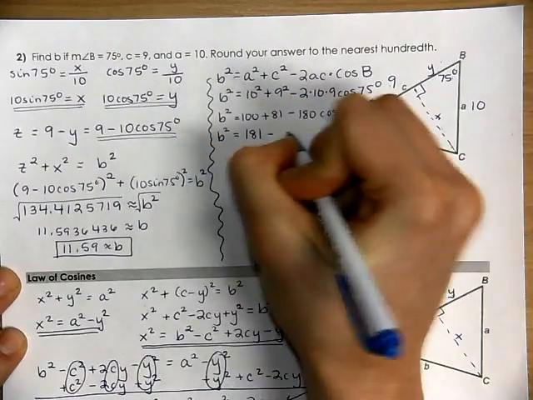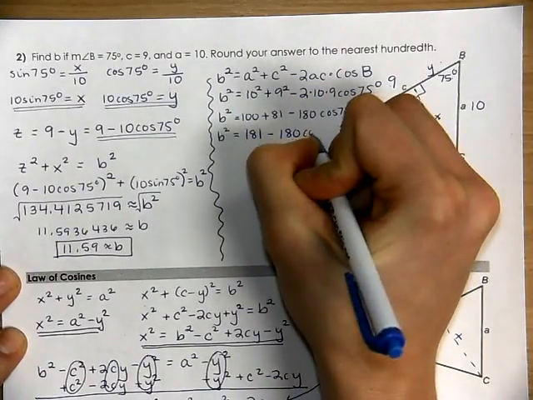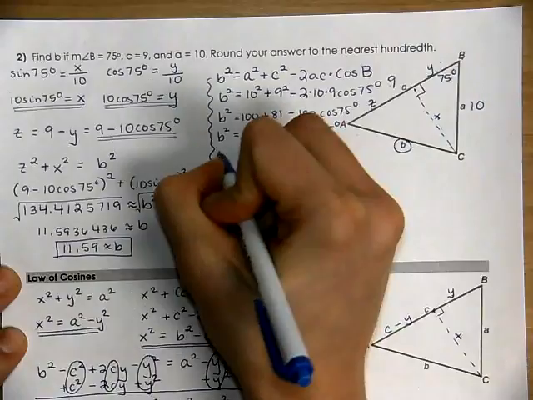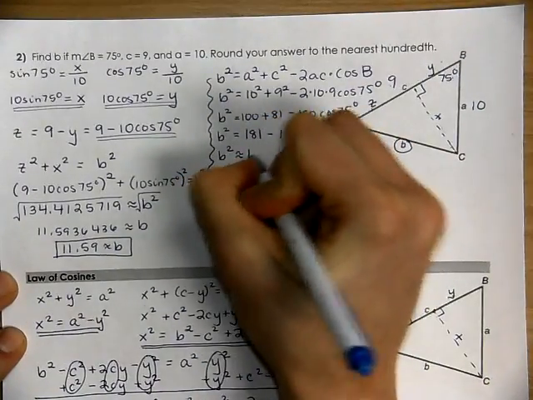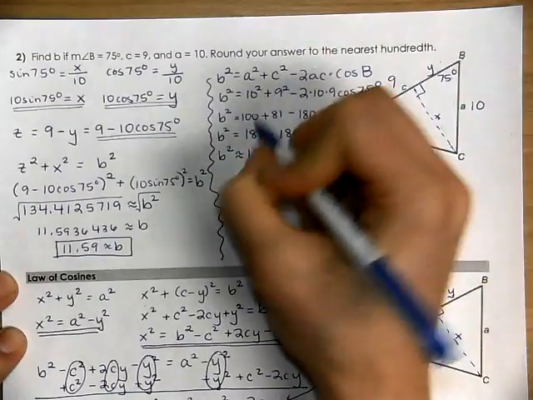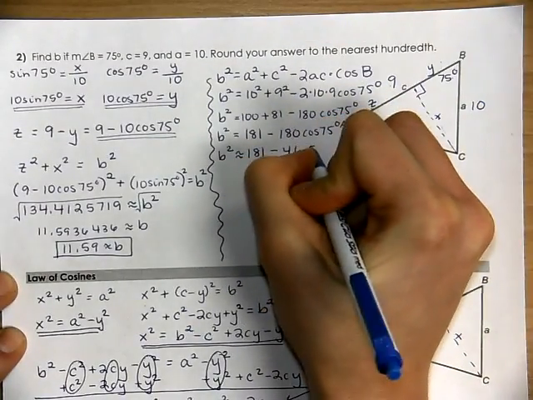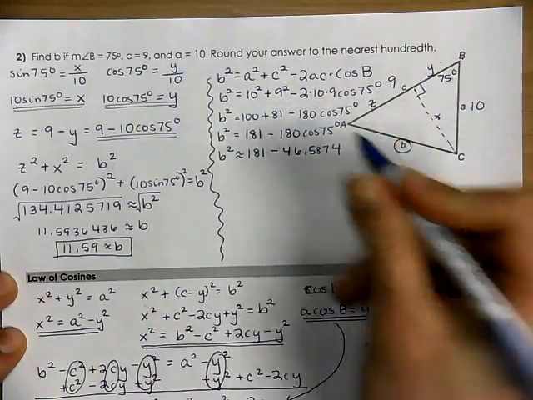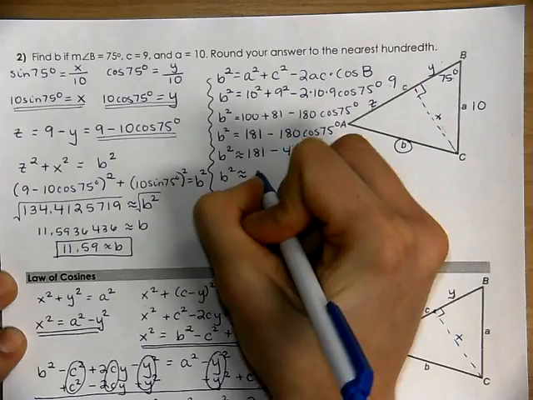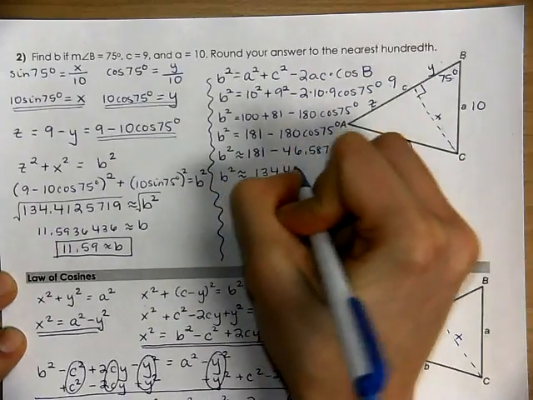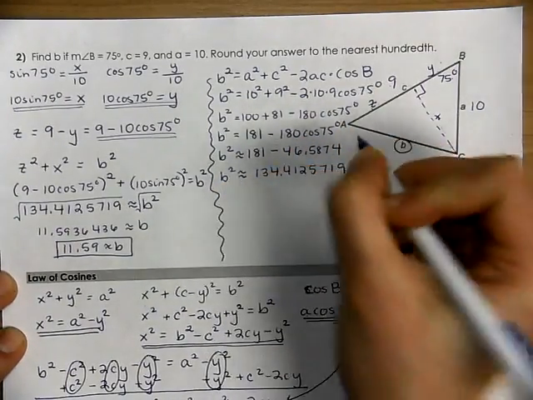I get 181 minus 180 times the cosine of 75 degrees. B squared is then approximately equal to 181 minus 46.5874. So B squared is approximately 134.4125719.